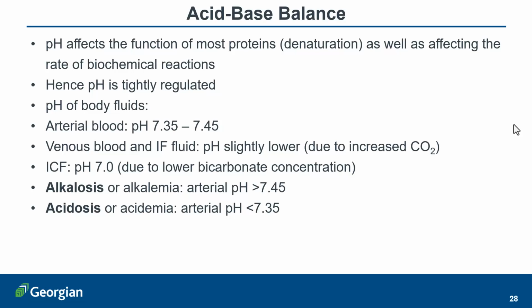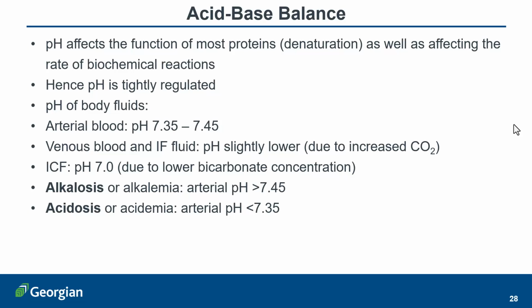Consequently, they lose their three-dimensional shape and are no longer functional. If the proteins are no longer functional, for example, if the proteins were enzymes, then various biochemical processes are also going to be affected. Consequently, pH is very tightly regulated, especially in blood. For arterial blood, the normal pH range is 7.35 to 7.45. In venous blood, as well as in interstitial fluid, it's slightly lower due to the increased concentration of CO2.